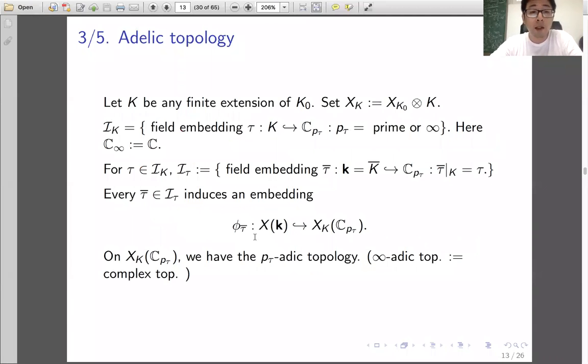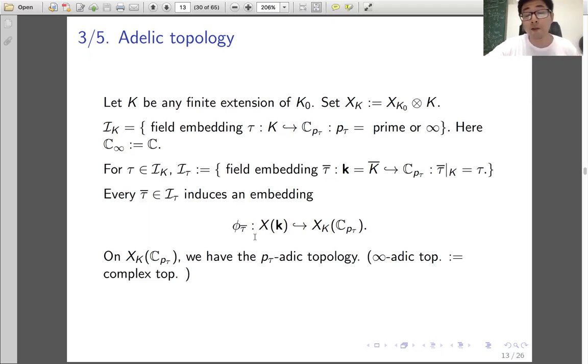Okay, let K' be any finite extension of K_0. Set X_{K'} to be the base change by K' of X_{K_0}. We denote by I_{K'} the set of field embeddings τ from K' to C_{p_τ}, where p_τ is either prime or infinite.